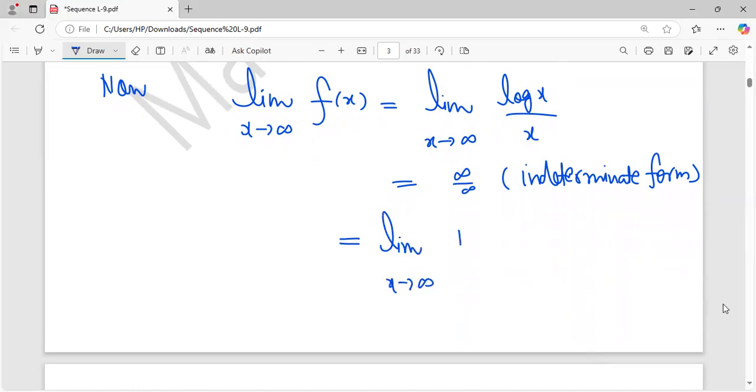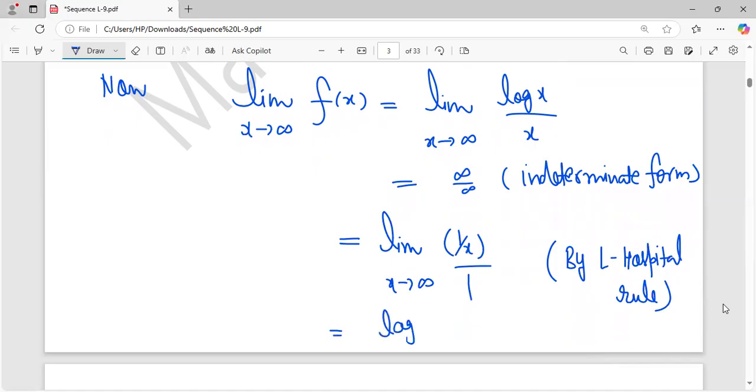The differentiation of log x is 1 upon x and the differentiation of x is 1. So this is the limit as x tends to infinity of 1 upon x, which is 0.